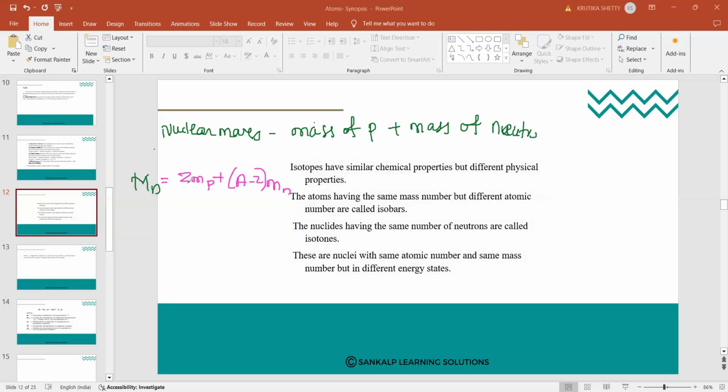Z is the atomic number, Mp is the mass of the proton, and A minus Z is the number of neutrons, multiplied by the mass of the neutron. This gives you the mass of the nucleus.